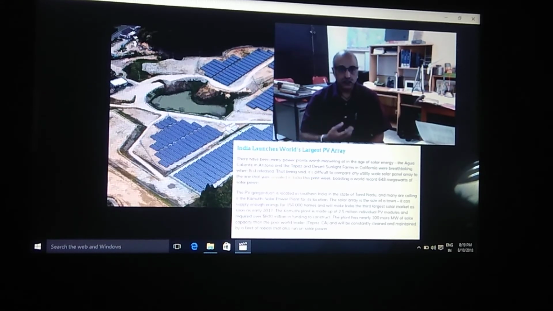And as you see here, the 640 megawatt stations. So now the photovoltaic cell is poised to become the electric power supply for this planet.